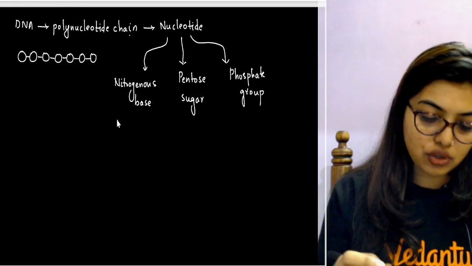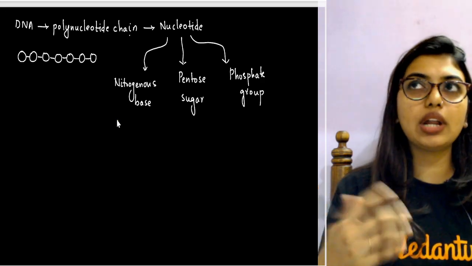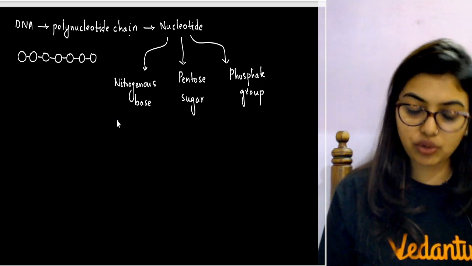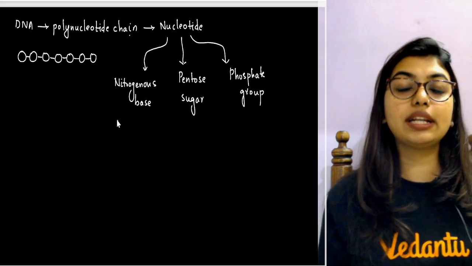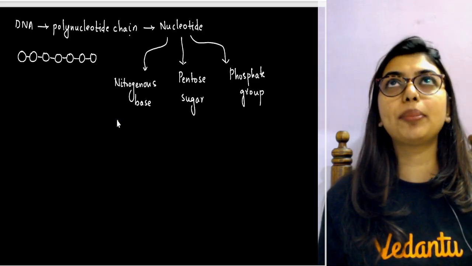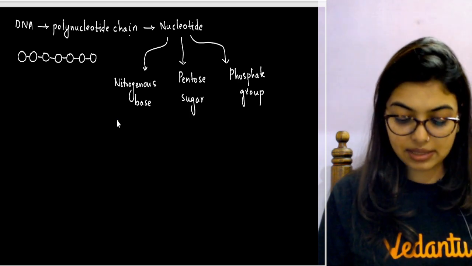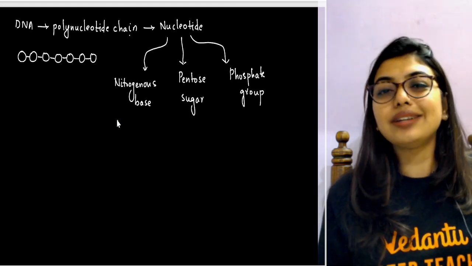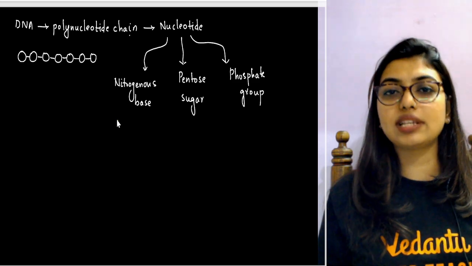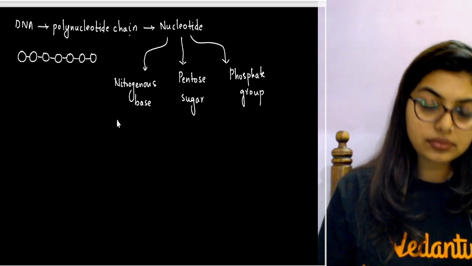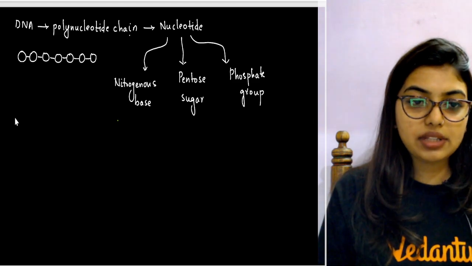Now, for each of the components, you do not have to know a lot about it, but definitely you have to know some amount of it, because these topics have been in biomolecules, but still you have to know some things about this, so you understand where the bonding is happening and what is happening. Got it? Chalo. Okay, now we will start with the nitrogenous base.